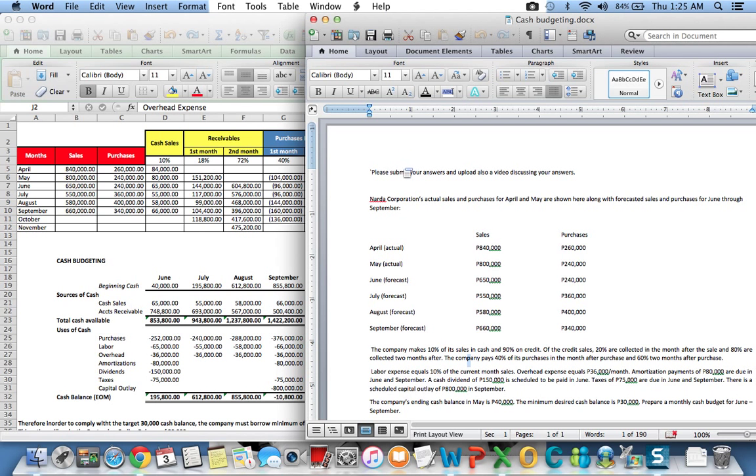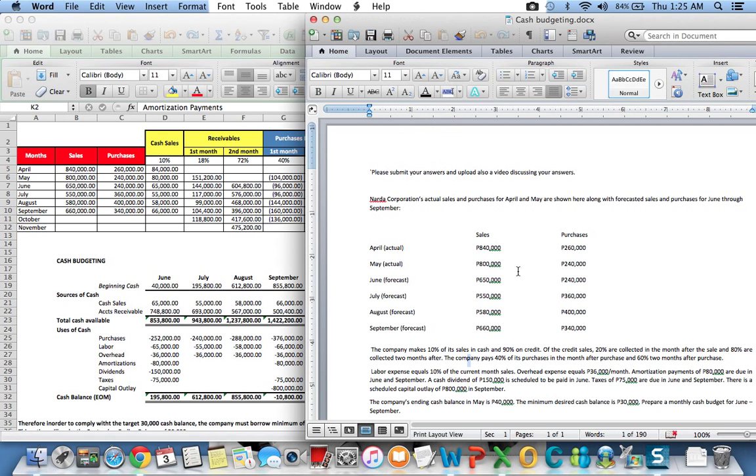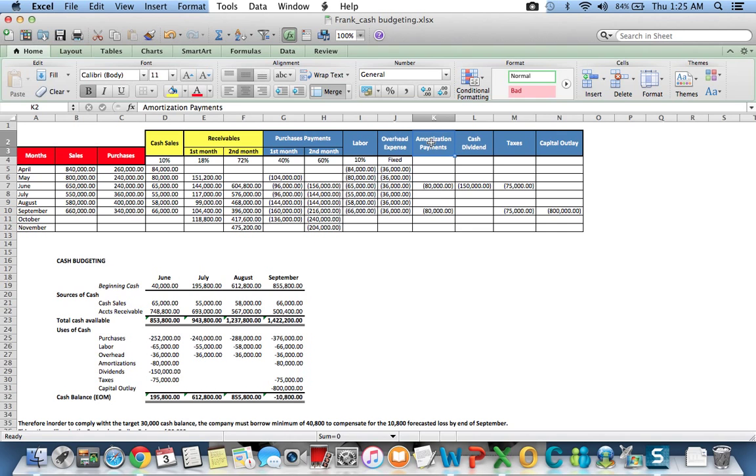Overhead expense equals 36,000 per month. These are the overhead expense for each month with a fixed amount of 36,000 pesos. Amortization payments of 80,000 are due in June and September.